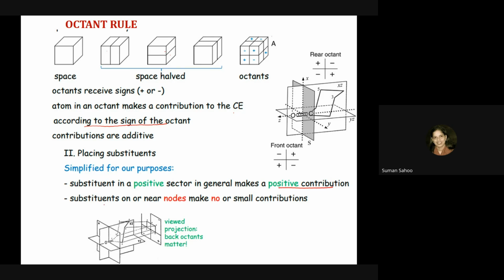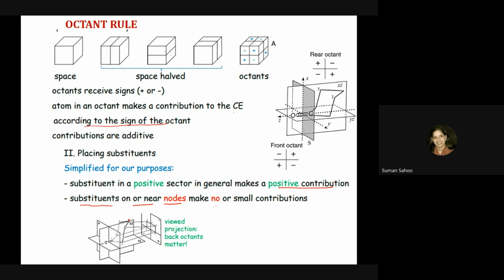Substituents on or near nodes make no or small contributions. For example, carbon number 4 is present in the xz plane, which is a nodal plane, so if you have a substituent at position number 4, there won't be any contribution from that one.